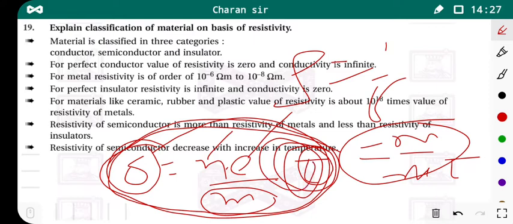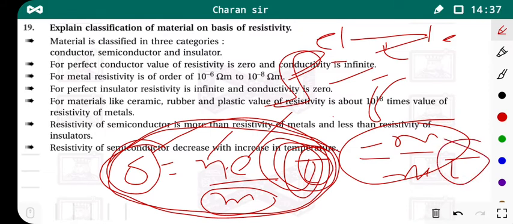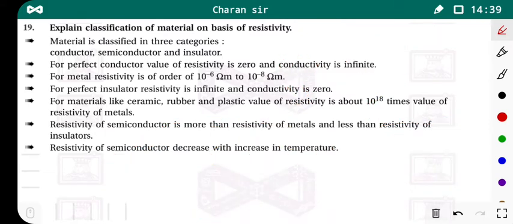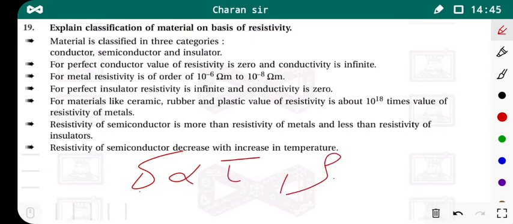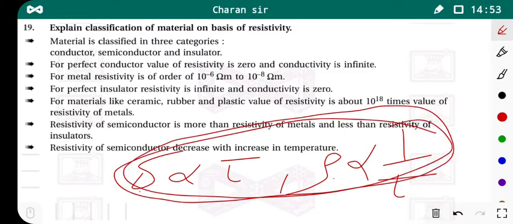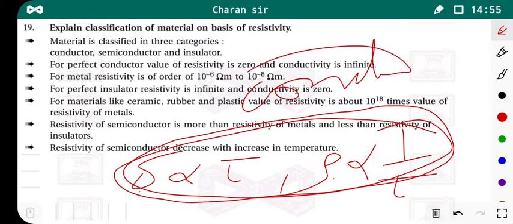What is the meaning of relaxation time? This is the time between two successive collisions of the electrons. So resistivity is inversely proportional to the relaxation time. In short, conductivity is directly proportional to relaxation time, and resistivity is inversely proportional to conductivity, that is, also inversely proportional to relaxation time. Notice that this is for conductors.